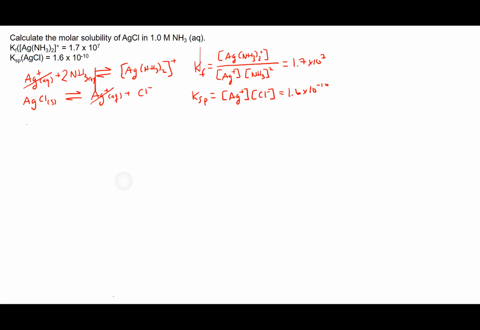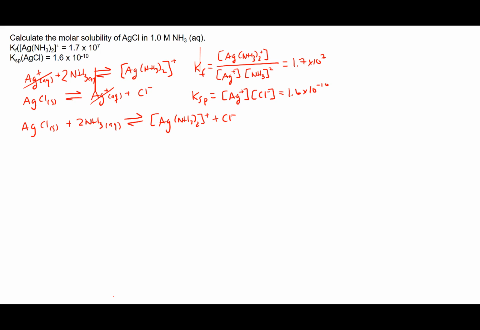So we can just write that out: that's AgCl solid plus 2 ammonia molecules aqueous to form our silver amine complex plus Cl minus. Everything's balanced, everything matches up in this case.